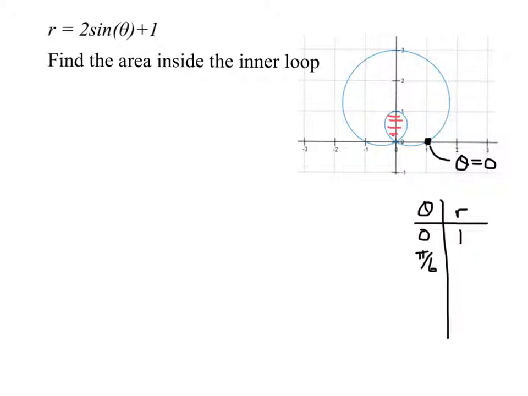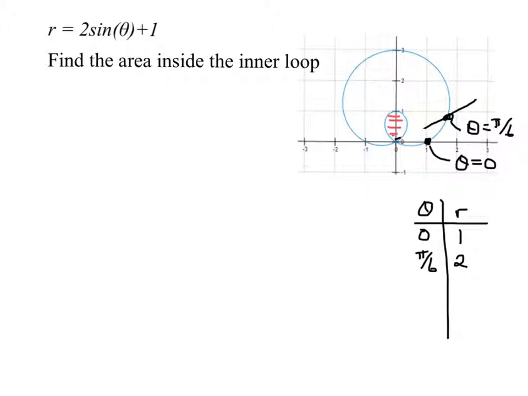The sine of pi over 6 is 1/2. 2 multiplied by 1/2 is 1, plus 1 is 2. Of course, it's out along that pi over 6 angle, about 2 units away, so this is probably theta equals pi over 6.